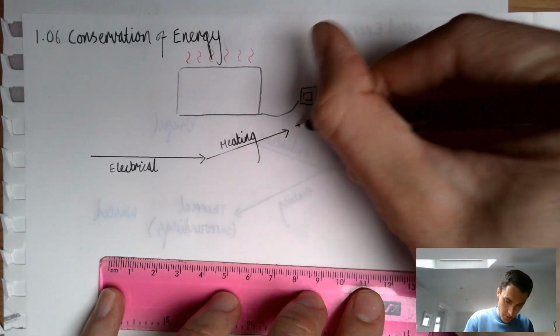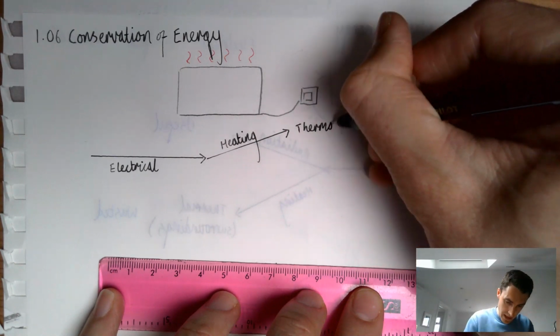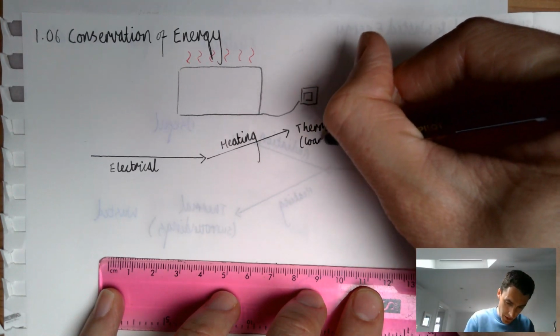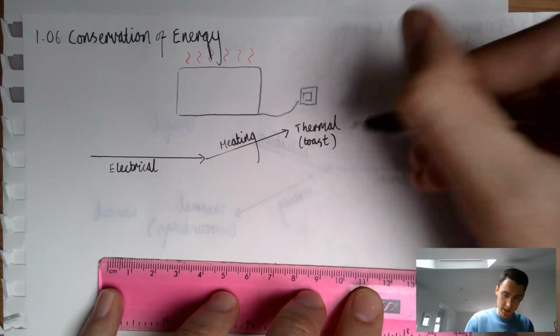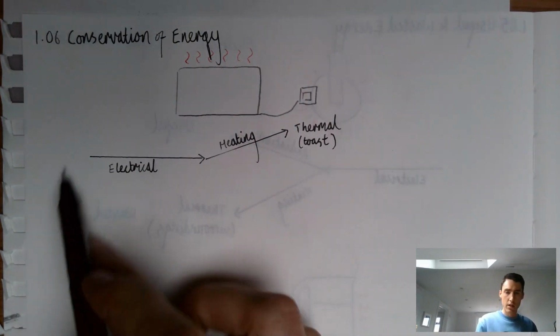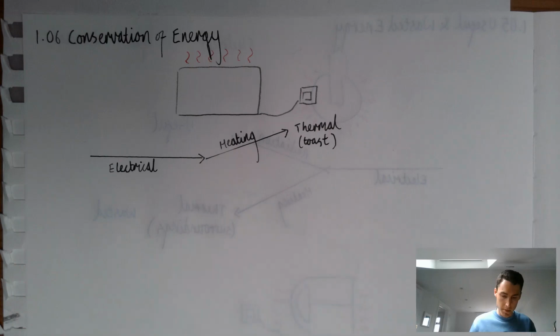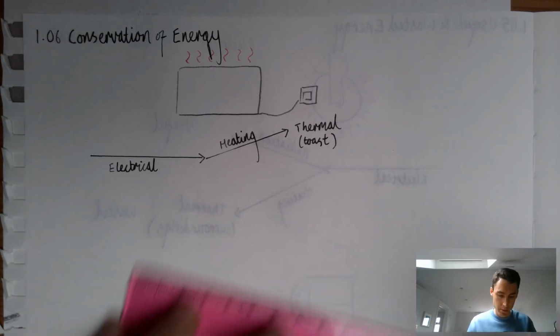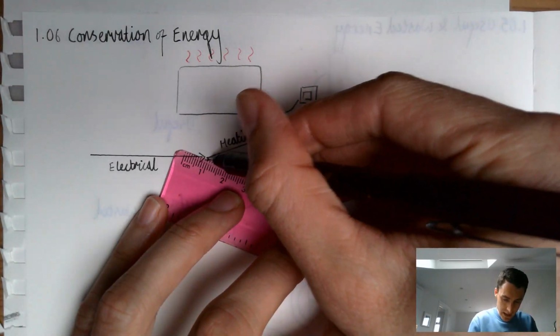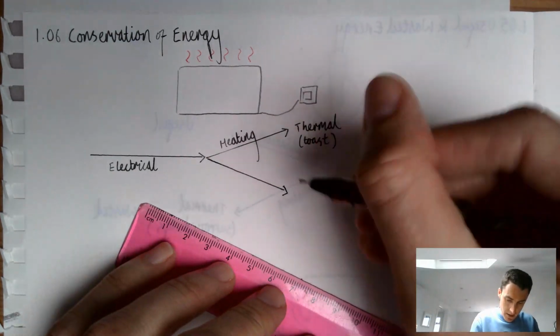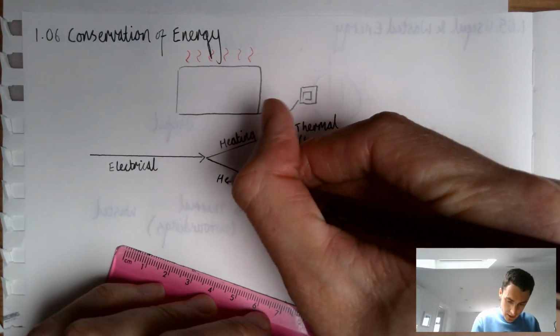That's going to increase the thermal energy store of the toast. Just a reminder, I don't put an energy store at the beginning because it's plugged into the mains. If this was from a battery, that would be chemical energy from the battery, but I don't know where it's come from, so I'm just going to leave it blank. And then energy is wasted, again by heating, this time by heating the surroundings.